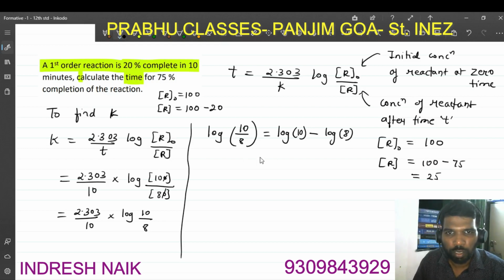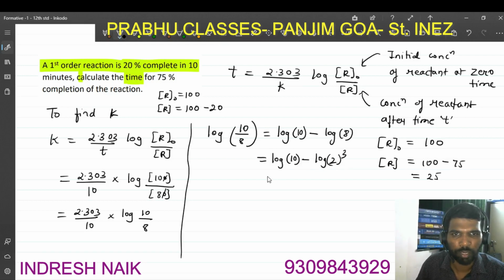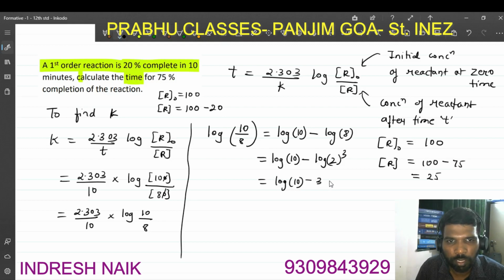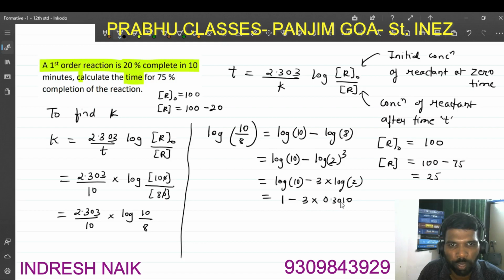I'll further simplify this. Log of 8 could be written as log of 2 raised to 3. See what I am doing. So this is written as log of 10 minus 3 multiplied by log of 2. Log of 10 is very easy to find. Log of 10 is 1, minus 3 into log of 2. Log of 2 is 0.3010.